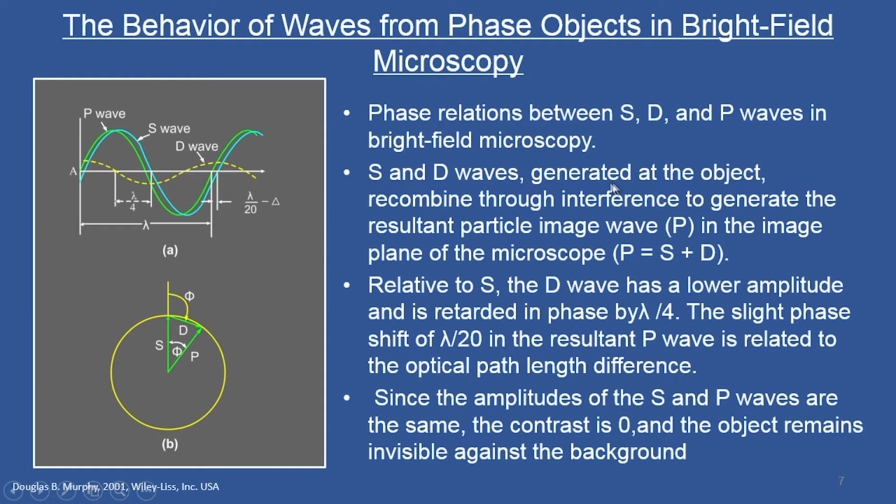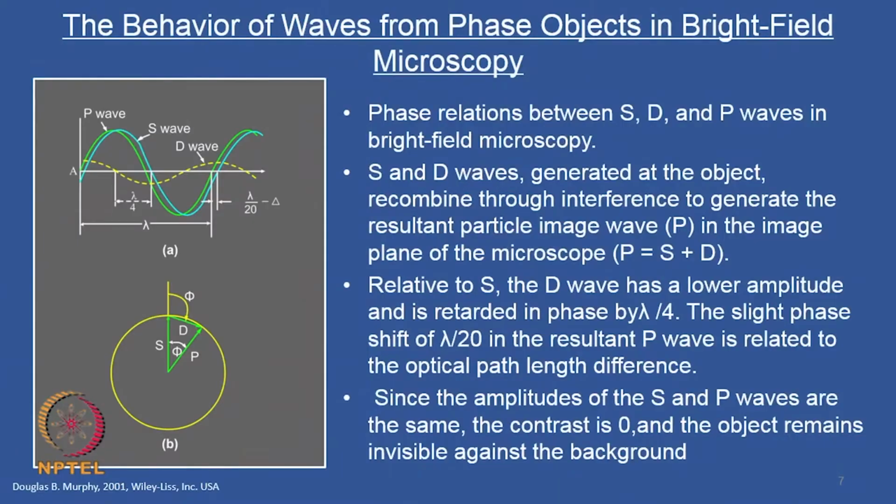Now, S and D waves generated at the object recombine through interference to generate the resultant particle image wave P in the image plane of the microscope, that is P equal to S plus D. Relative to S, the D wave has the lower amplitude and it is retarded in phase by lambda by 4. The slight phase shift of lambda by 20 in the resultant P wave is related to the optical path length difference, which we have seen in the introductory concepts.